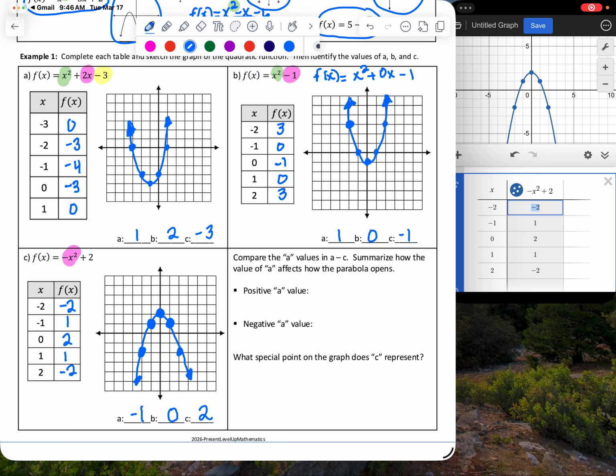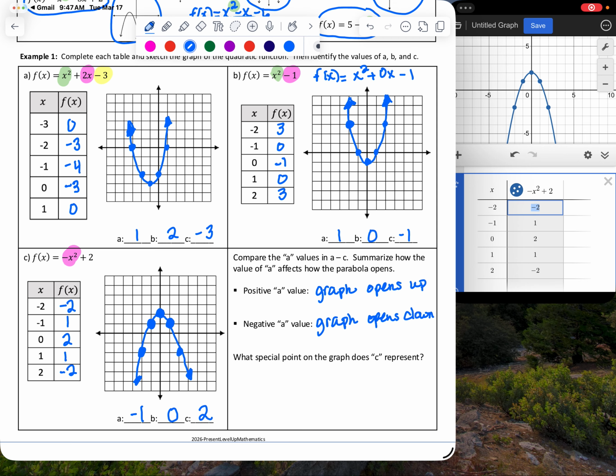So when you had a positive a value, the graph opens upward. When we had a negative a value, the graph opens down.